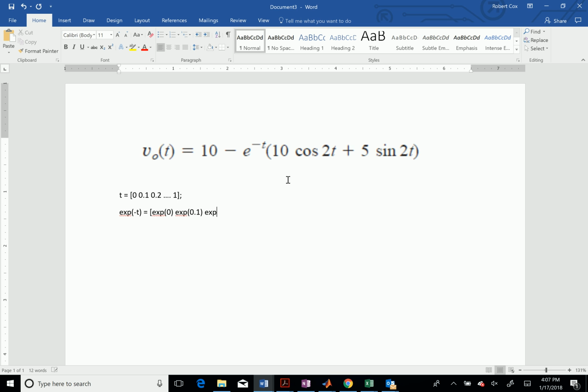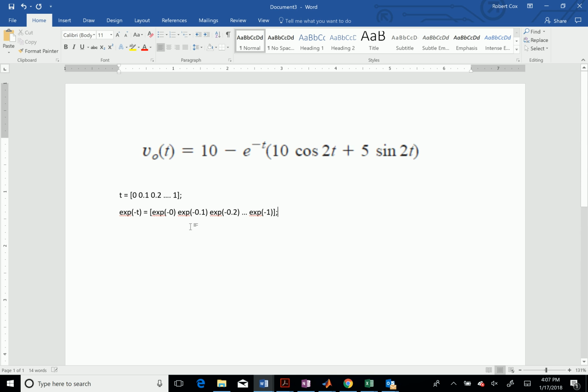The next one would be exp of 0.2. So on and so forth, all the way up to exp of 1. I'm sorry, I need to be careful about that. They're negatives, right? So negative 0, negative 0.1, negative 0.2, negative 1, like that.